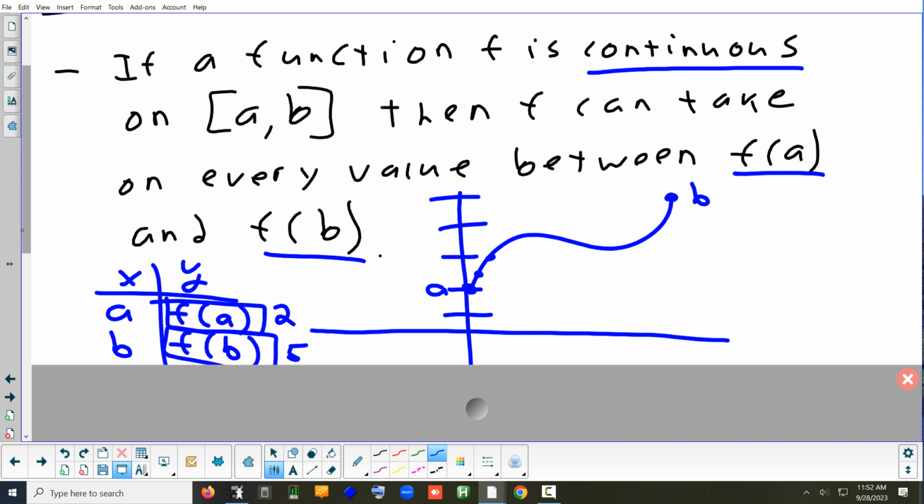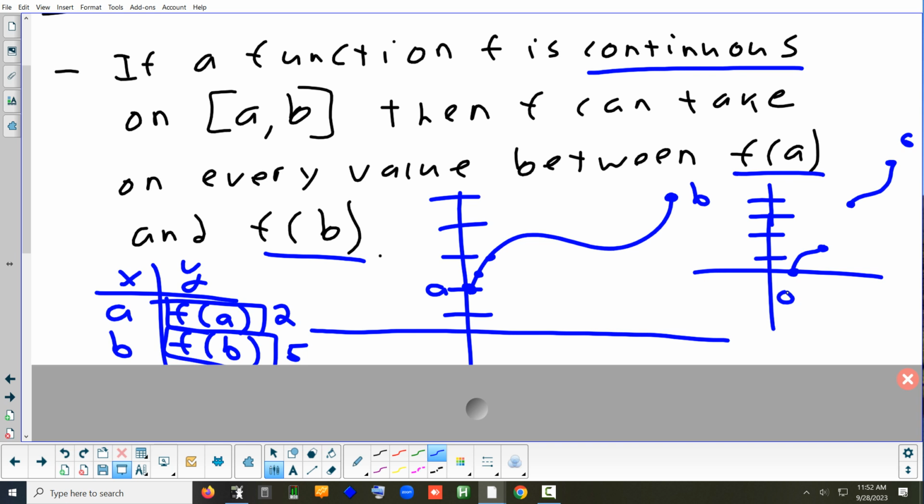Now, let's say you had a function that wasn't continuous. Let's say it did something like this, and then it picks up again up here. And let's say this is at 0, and this is up at like 6.